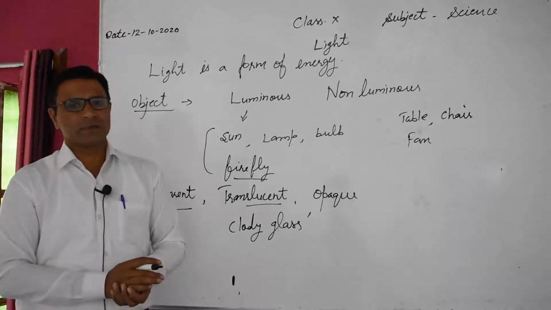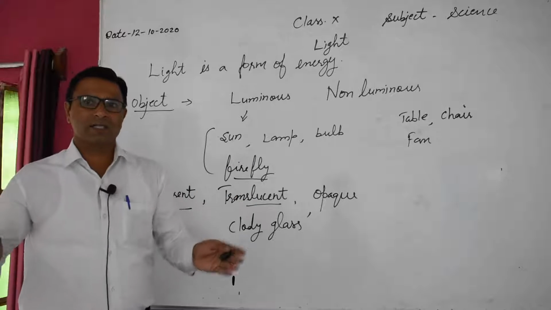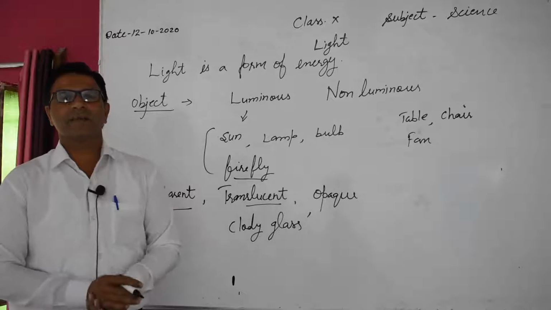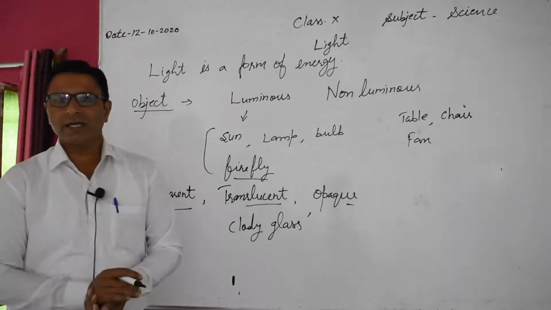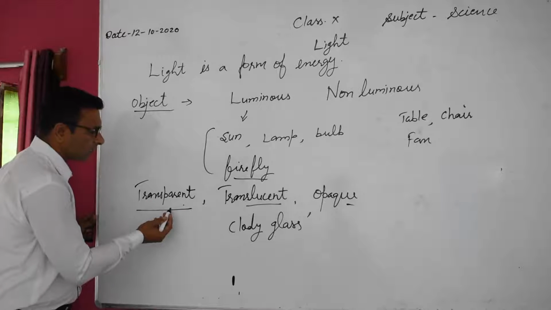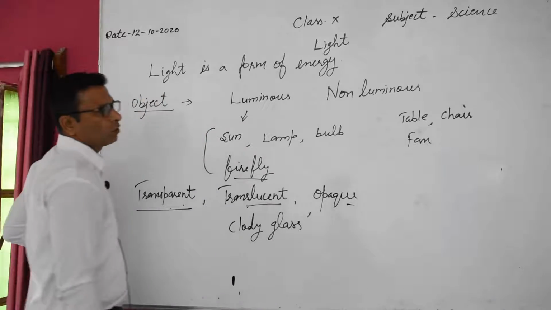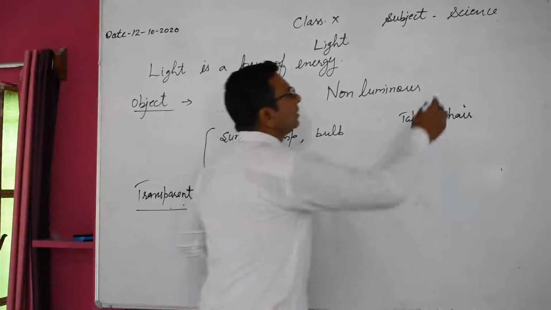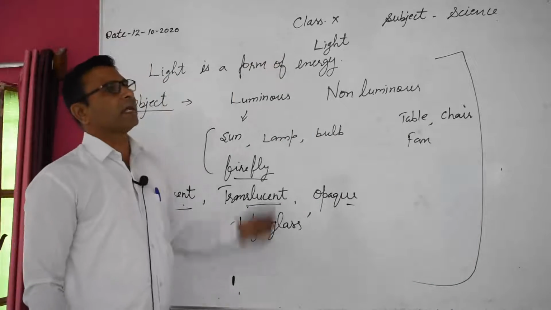These are opaque objects, like wood, hard plastic, cardboard. Understood, students? So these are examples of transparent, translucent and opaque objects.